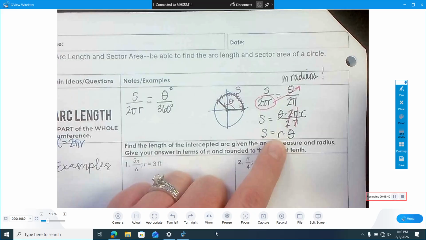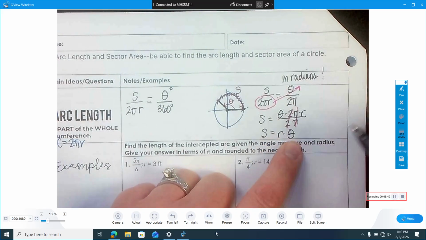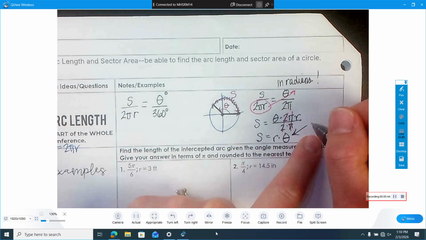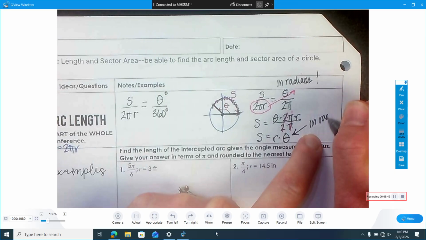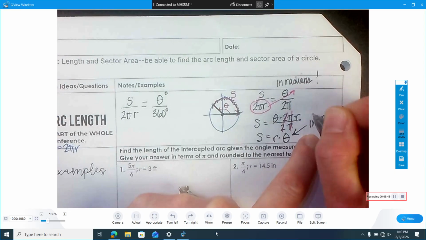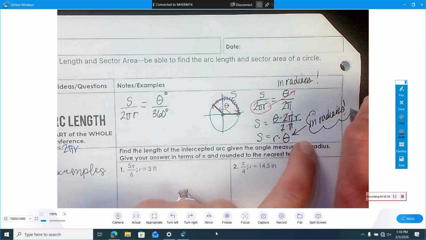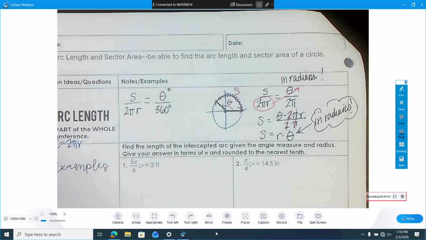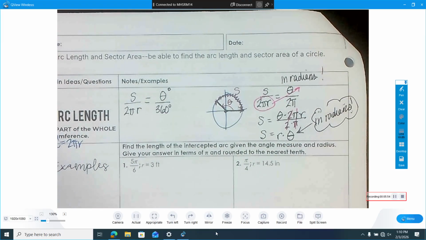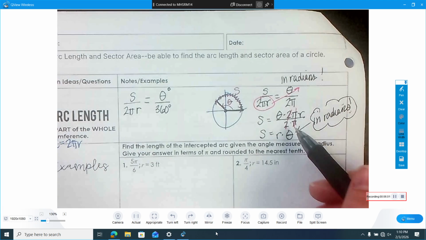The radius times theta, but this only works when you're in radians, okay? So I love this because that's a super simple thing. So arc length is s equals r theta, radius times your angle measure, as long as you're in radians. Isn't that amazing how it cleans up?